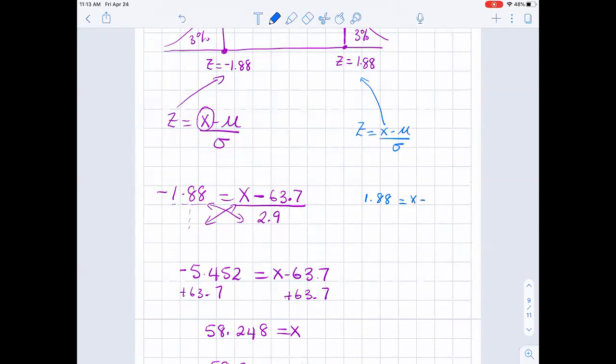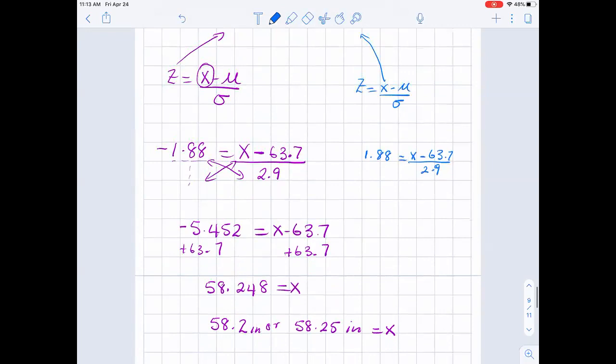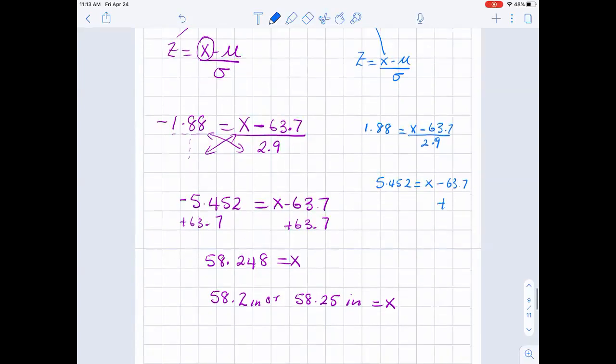So x minus 63.7 divided by 2.9. If you multiply that, you get a positive 5.452 is equal to x minus 63.7. Then we add 63.7 to both sides.